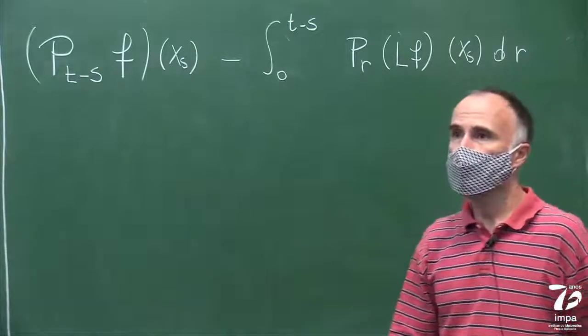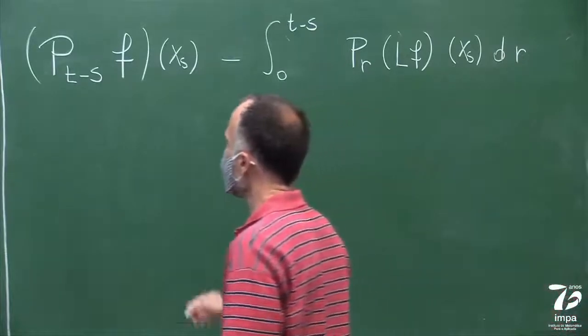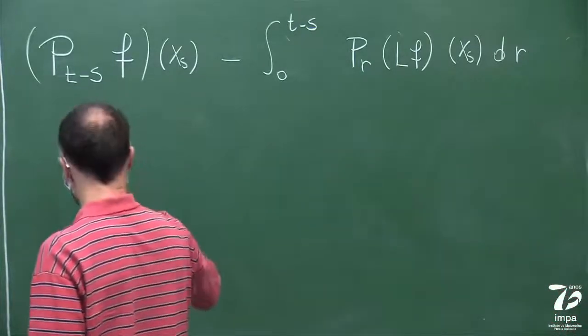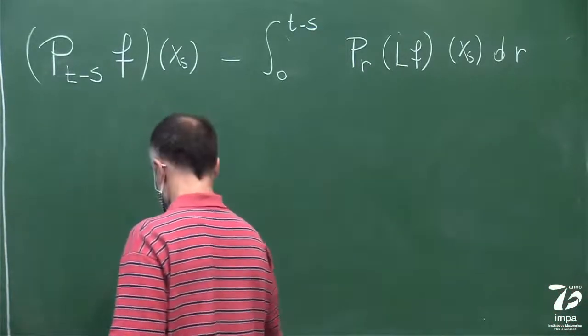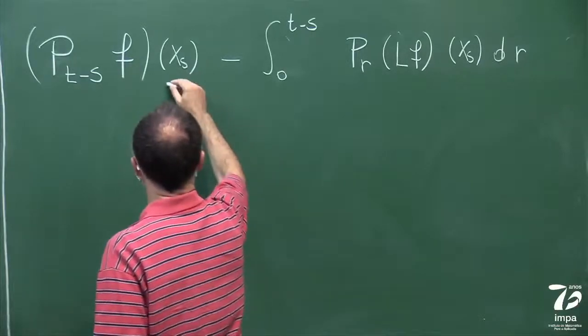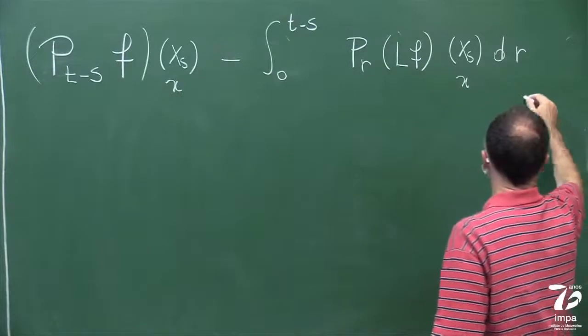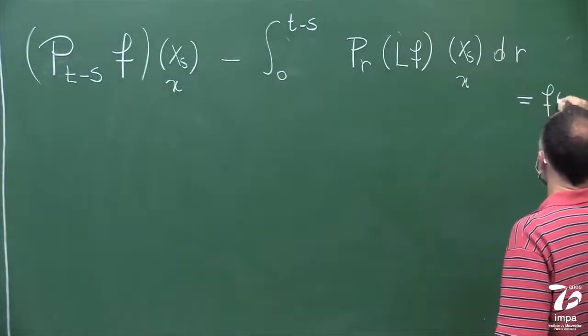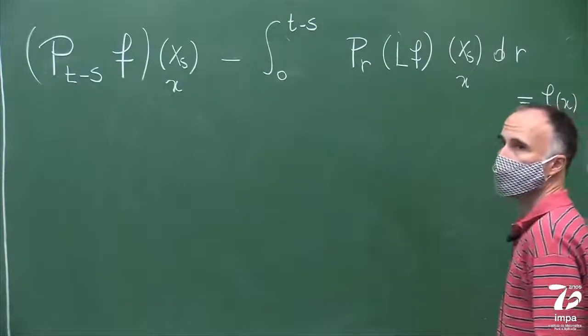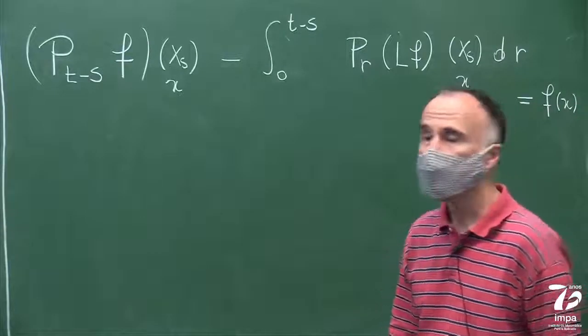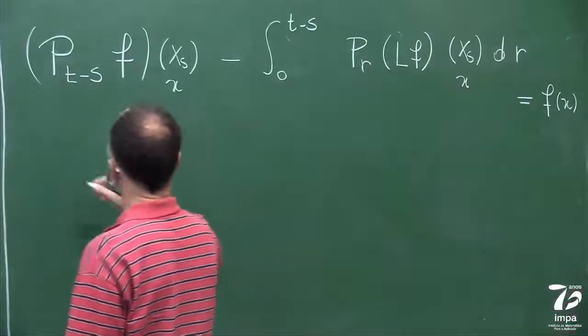Okay? And I want to show that this is equal to fx. So let me call that point x. And what I want to show is that this is equal to fx for all t minus s.